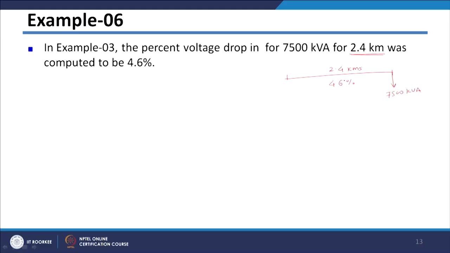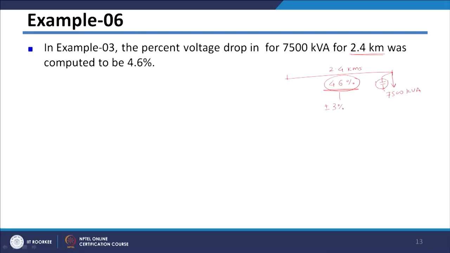Now what we want to do is actually decrease this voltage drop by putting some capacitor across this load, and I want to calculate the value of this capacitor such that this voltage drop will be under the limit, which we have seen is plus minus 3%.